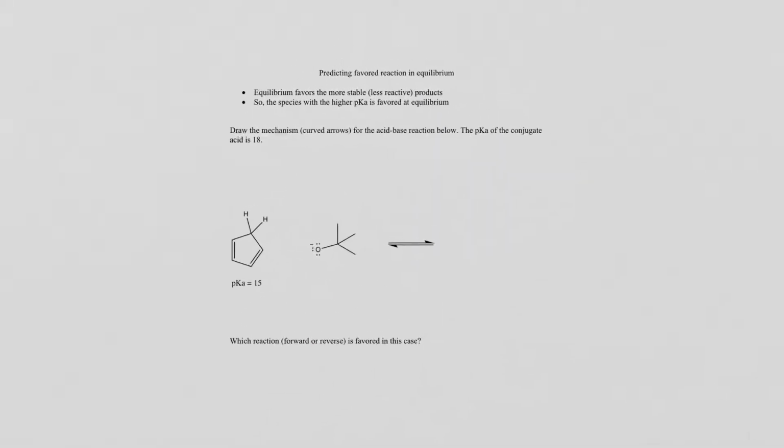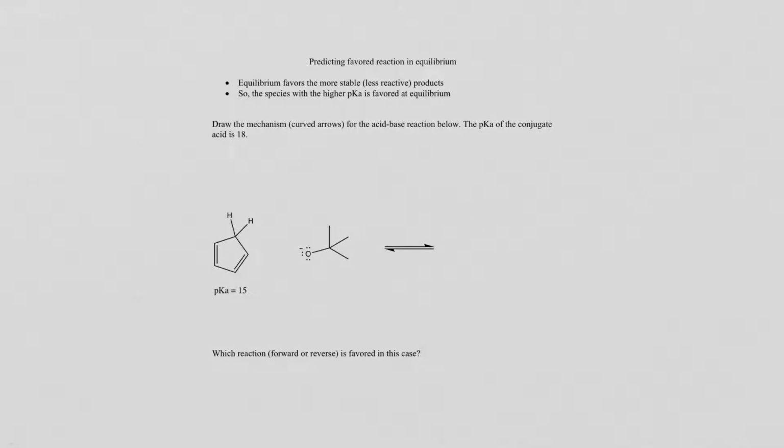The last thing I'd like to talk about in this particular video is predicting which reaction is favored in equilibrium. Okay, so whether the forward reaction is favored or the reverse reaction is favored is actually dependent on the pKa of our reactants, or our starting acid, or the pKa of our product, our conjugate acid, right?